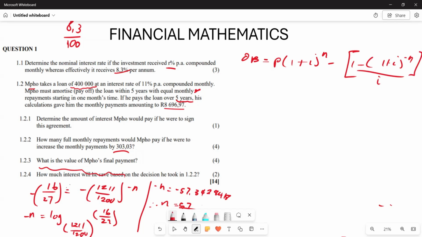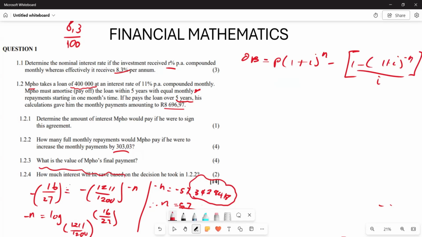Now, why are we doing that? If you look at this payment, Mpho is going to make 57 full payments, and you are also going to make the extra one, right? But the extra one is going to be 0.34, which means it's not necessarily going to be a full amount.